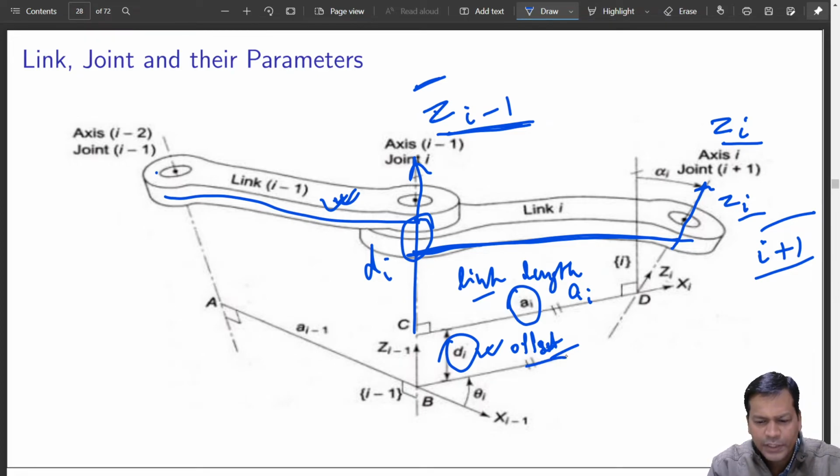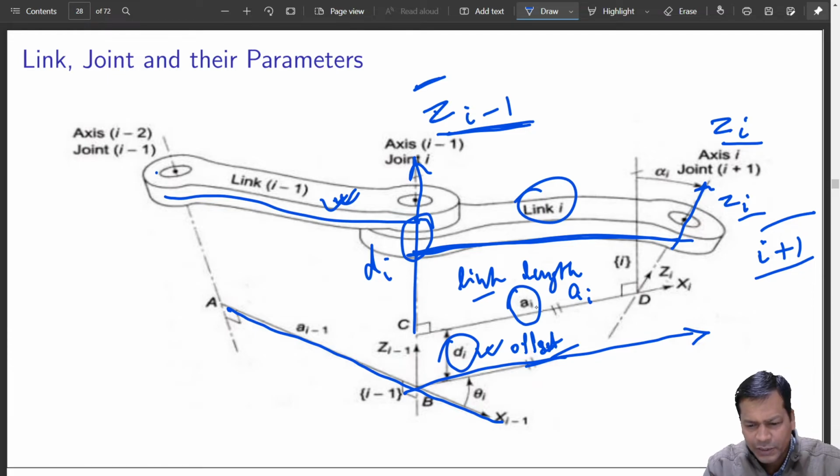This is your offset. What is theta? Theta is the angle between two links. So if this was your earlier link axis and this is your new link axis, the common normal between these two is the link length, the distance between these two, and that becomes your xi axis.